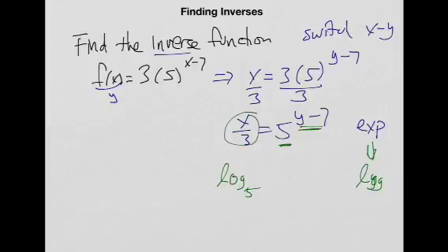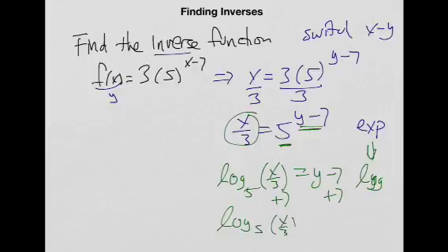My output was x over 3, so this is now my input. My input is y minus 7. That's now my output. I switched to logarithmic form, and now I can deal with this. So I can just add 7 to both sides, and I get the log base 5 of x over 3 plus 7 equals y, and that's my inverse function.